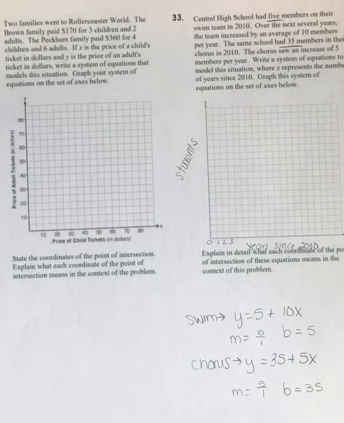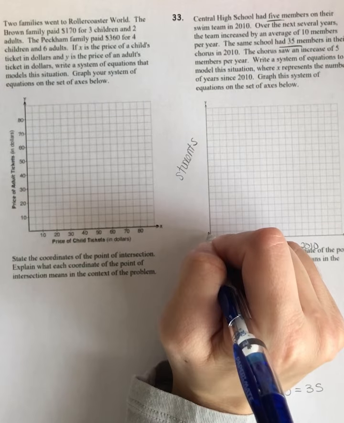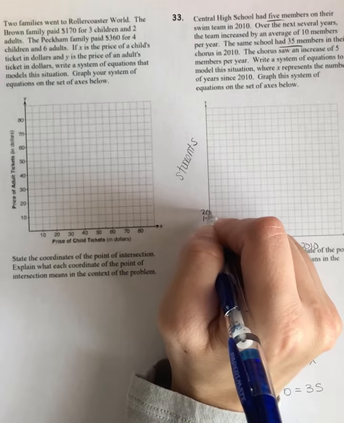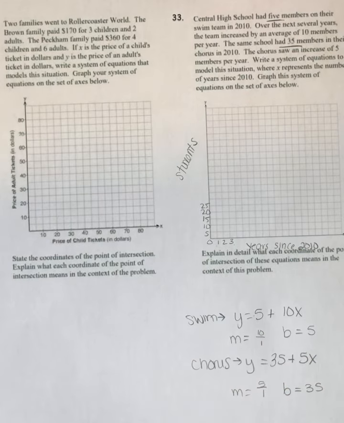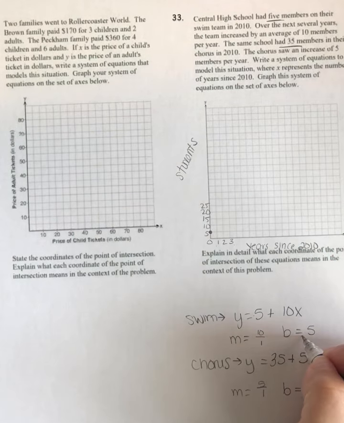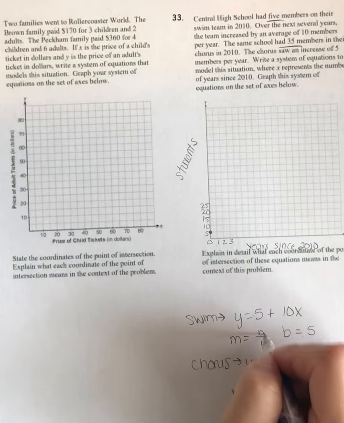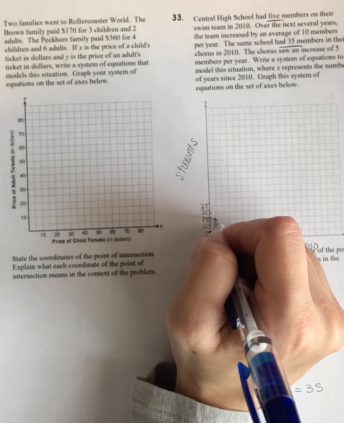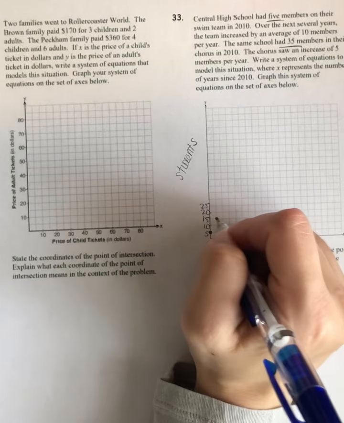Because we have such big numbers and we're dealing with lots of 5s and 10s, I'm going to count my students by 5s. So 5, 10, 15, 20, 25, etc. So when I start my b, I'm going to start at 5 right here for this one. And then be careful, you're going up 10 over 1. So up 5, 10 over 1, because these are still counting by 1.